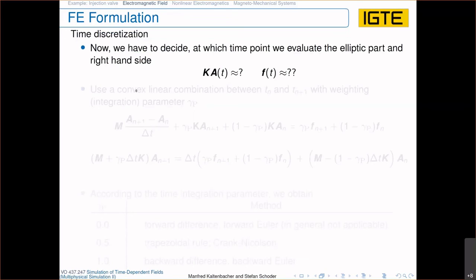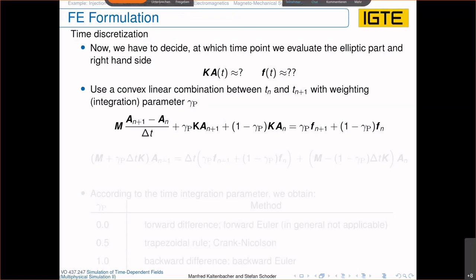For this case, the best and general approach is the so-called convex linear combination. So we do a convex linear combination between the two time levels Tn and Tn plus 1 with some weighting parameter. So this was already the standard, that was the approximation. And now for the discretization, for example of this term here, we do the following as shown here.